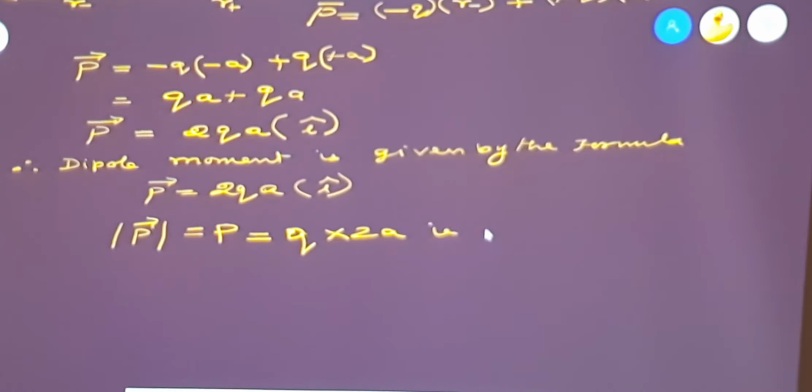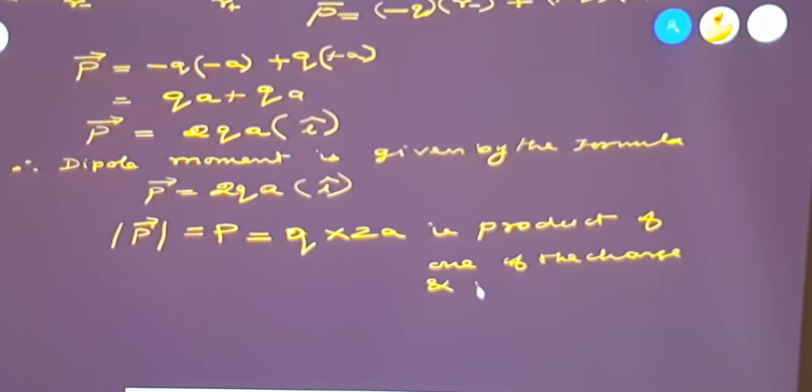That is the product of one of the charges and the perpendicular or shortest distance between the charges.